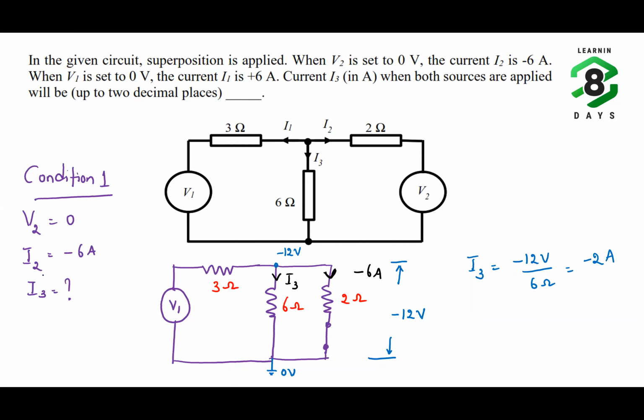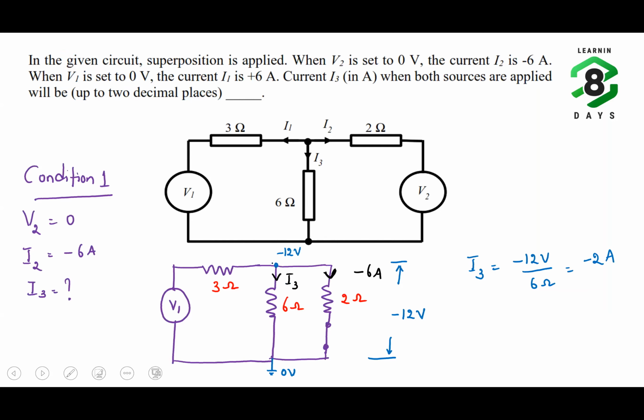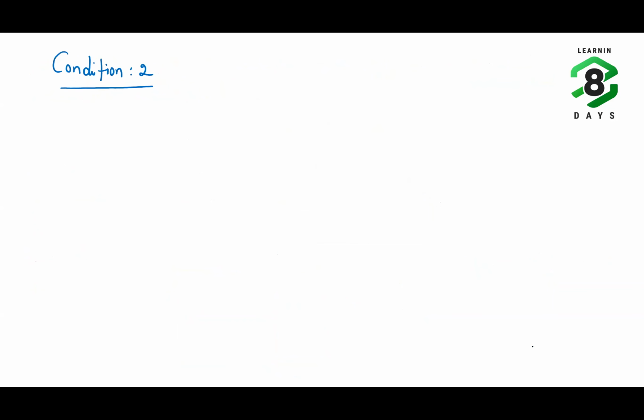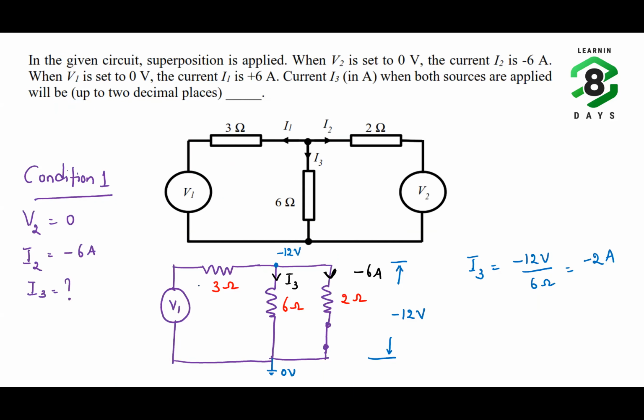Understand? Now if we take the second condition, what is the second condition? Condition 2. Now which voltage is being set to 0? In the second condition, V1 is set to 0. V1 is set to 0 and it is telling that I1 is 6 ampere and we need to compute I3. So if you set V1 to 0, the circuit will become what? 3, 6, 2. Okay.